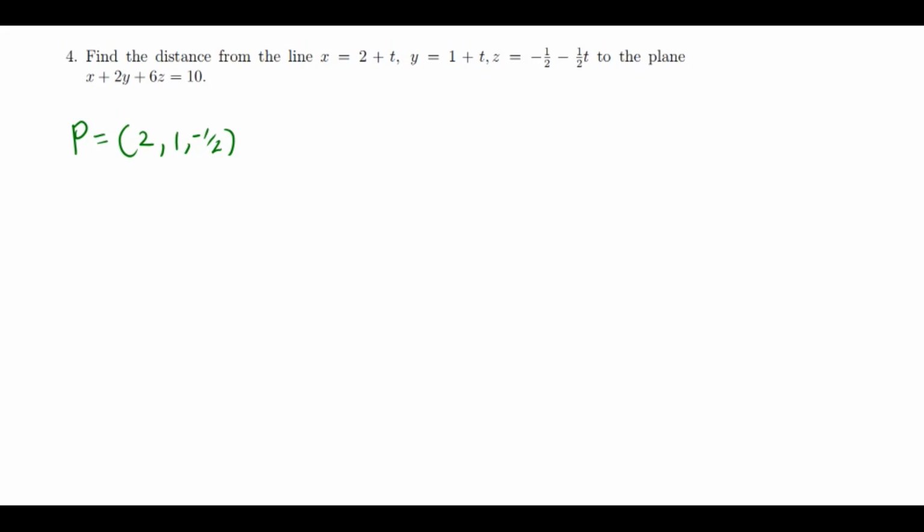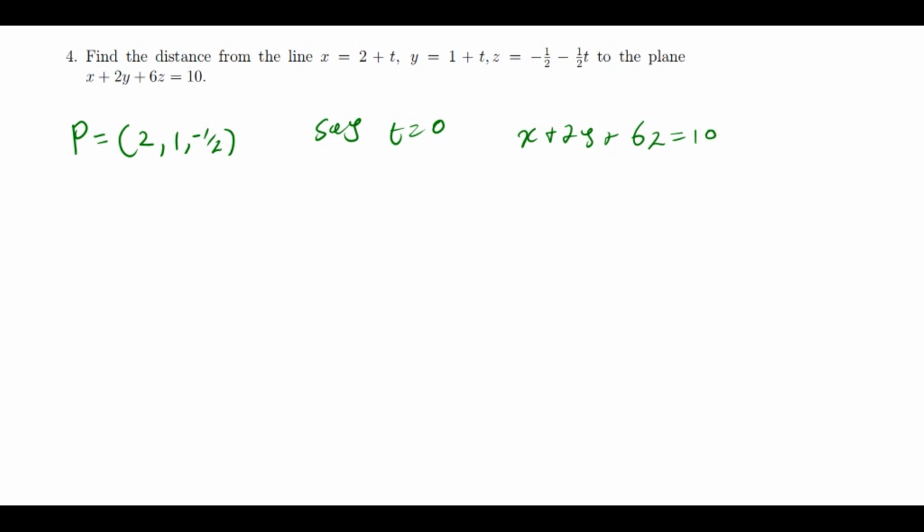This is the point P where t is equal to 0, so it's more like 0, 0, and 0 there. So that's where t equals 0. Then we still have our plane, which is x plus 2y plus 6z equals 10.